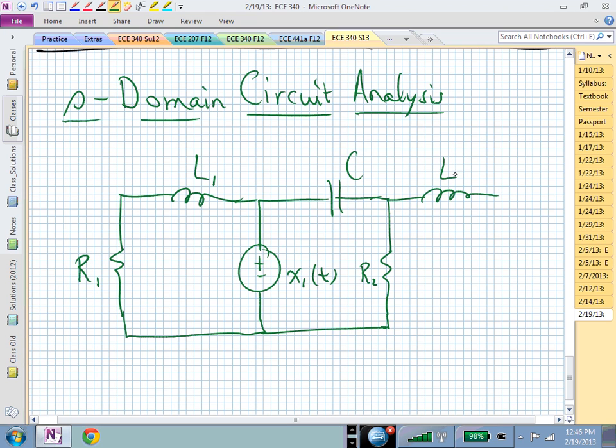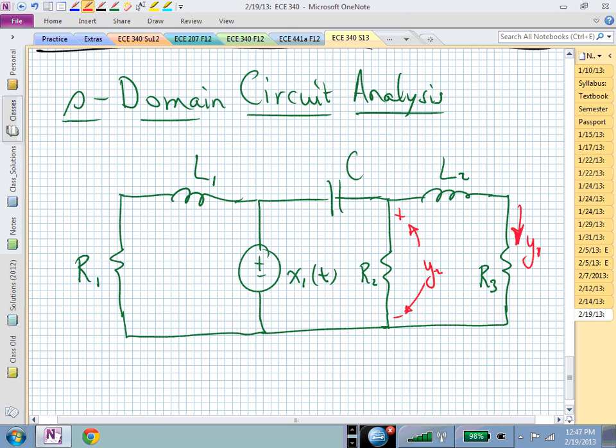Suppose we have an inductor L sub 2 and we have a third resistor R sub 3. And maybe somebody says, let's create some outputs. Let's say one output is Y sub 1, the current flowing through that inductor or flowing through R sub 3, and maybe Y sub 2 is this voltage drop across R sub 2.